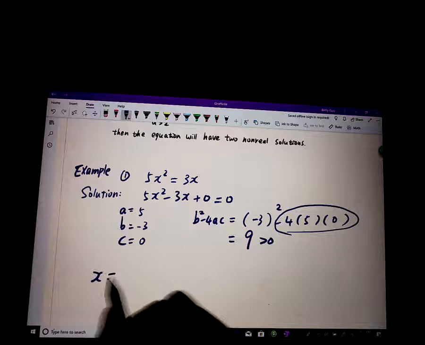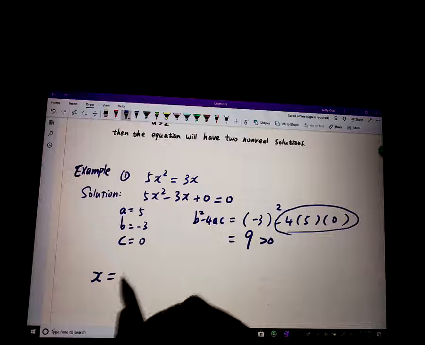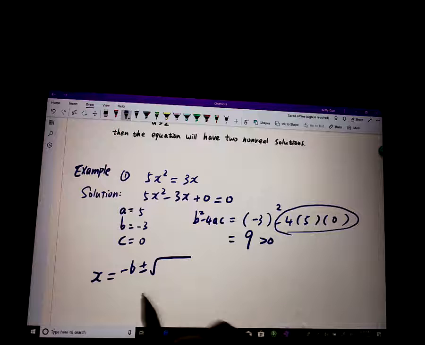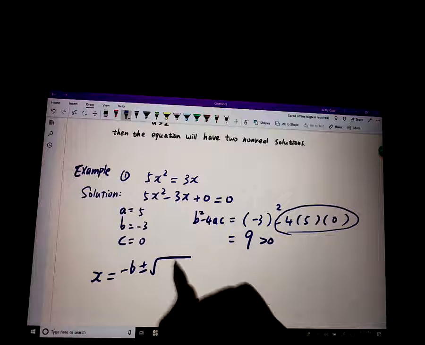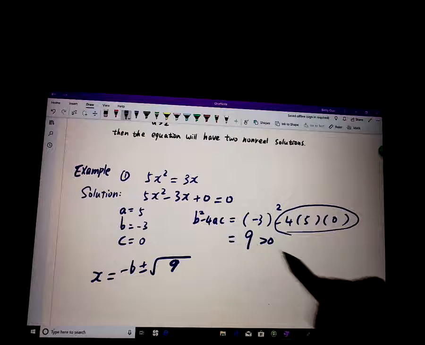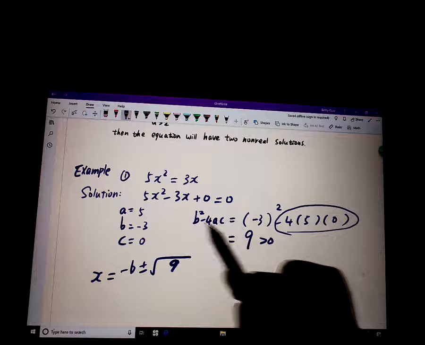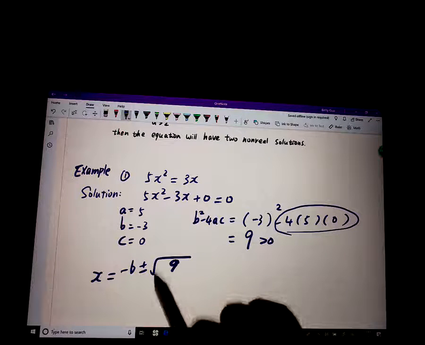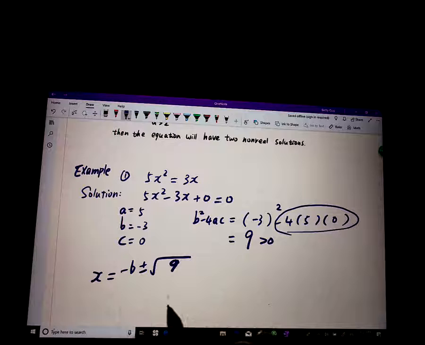So by the quadratic formula, x equals -b plus minus, remember the sum, plus minus square root of discriminant. Now you can put it here. Sooner or later, you have to get the value for the discriminant, because the discriminant is the radicand of the square root in the formula.